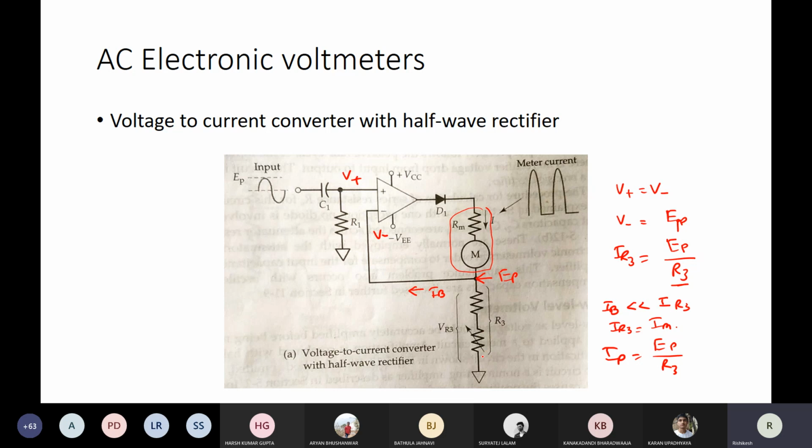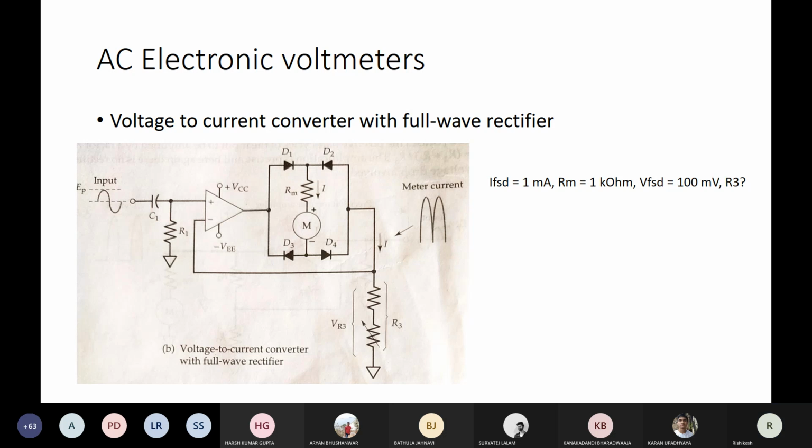We can choose this resistance using this variable resistance by adjusting the zero position and the full scale deflection position, right? So you are basically converting the voltage into current flowing through the meter, and we know that PMMC is a device which indicates deflection as a function of current. That is the fact we are utilizing. So this is a voltage to current converter with a half wave rectifier. The same calculation will go. So you can expect in your exam some problems related to these designs. Fine.